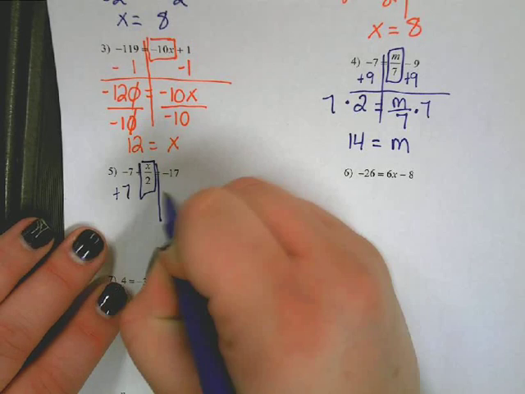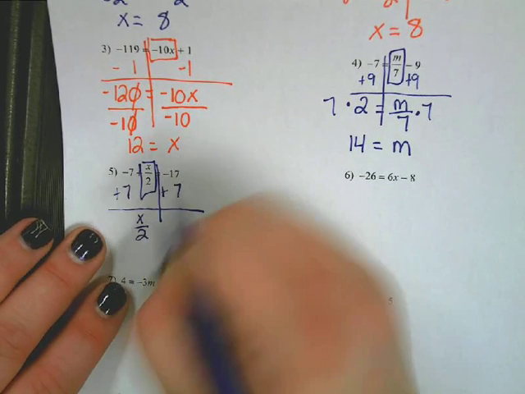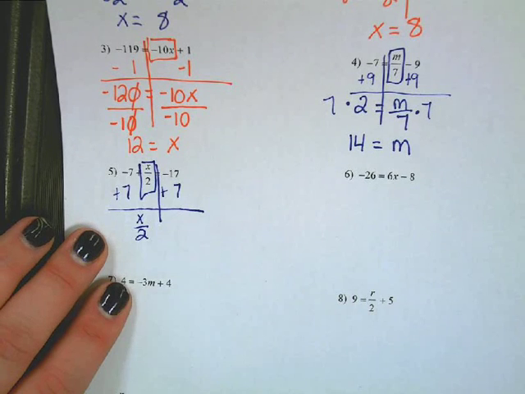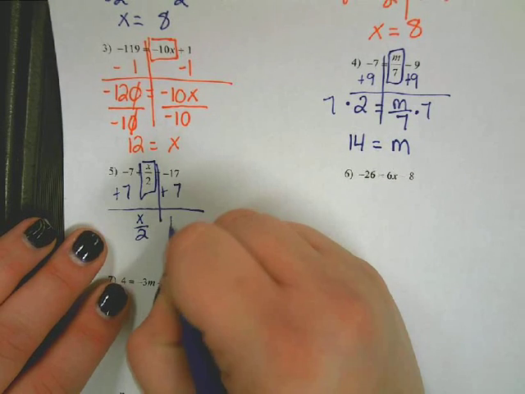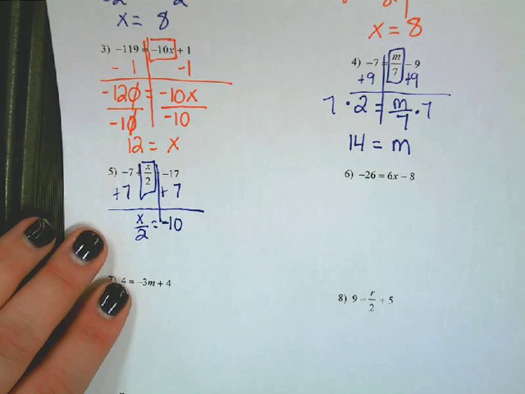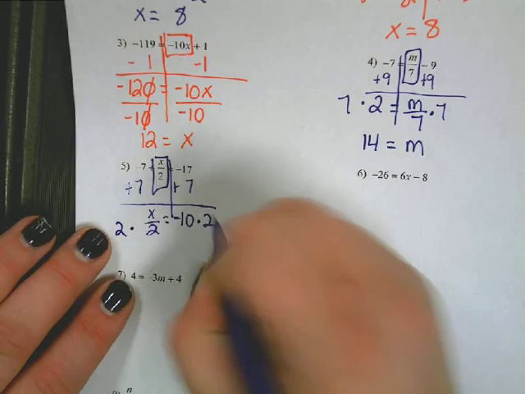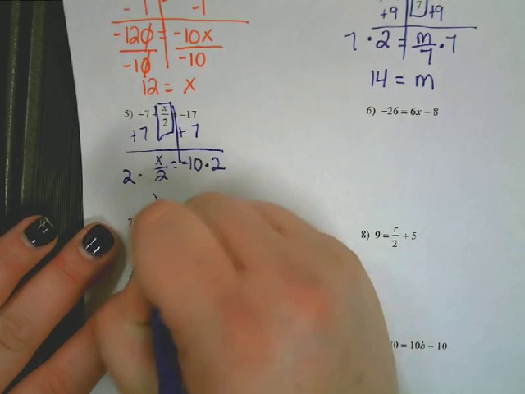So I have to subtract negative 17 minus 7. Positive or negative? Negative. So if X divided by 2 equals negative 10, now what? Multiply. Times 2. So X is equal to negative what? Negative 20.